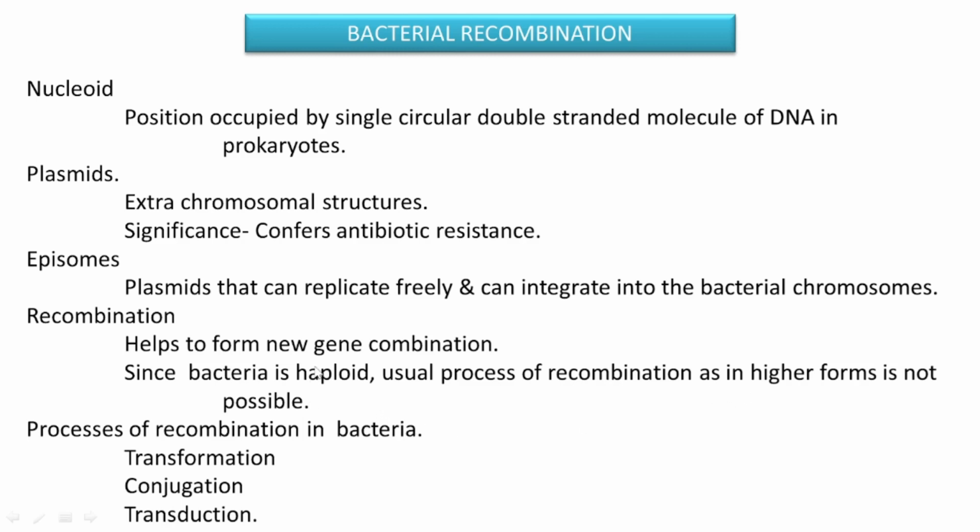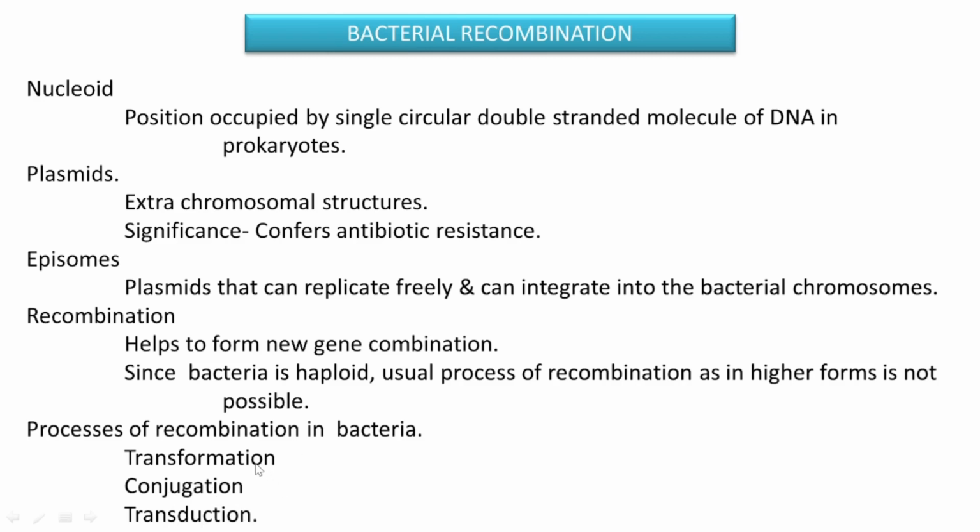How that recombination takes place in prokaryotes, we are going to learn under different heads, or different methods. They are transformation, conjugation and transduction. These are the different processes of recombination found in bacteria.